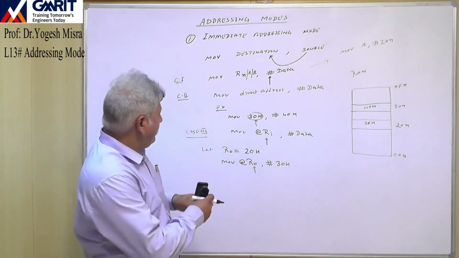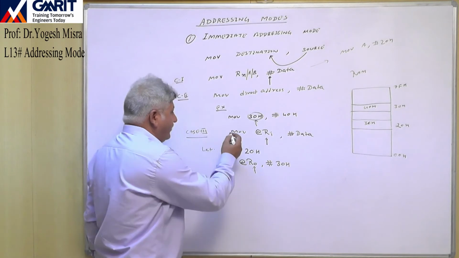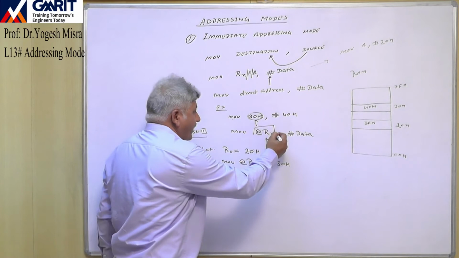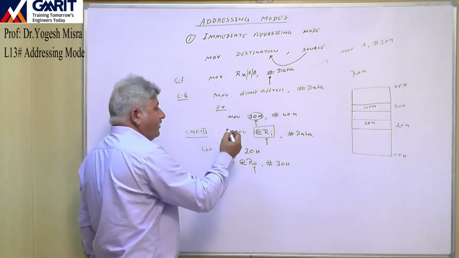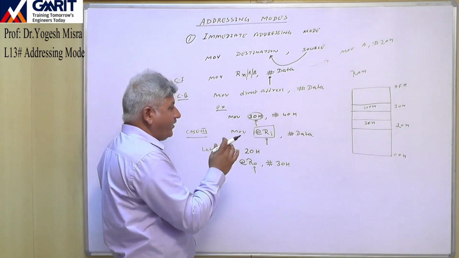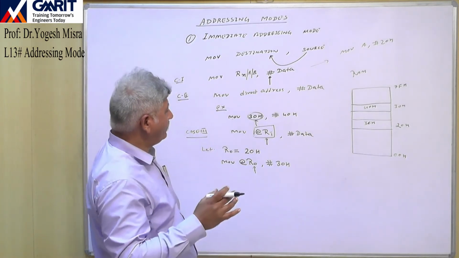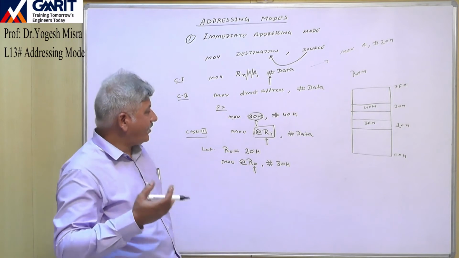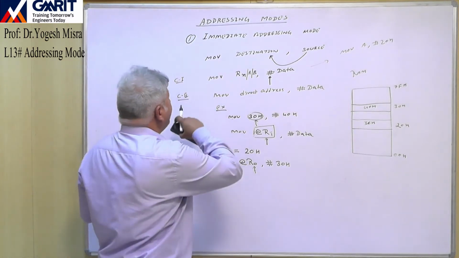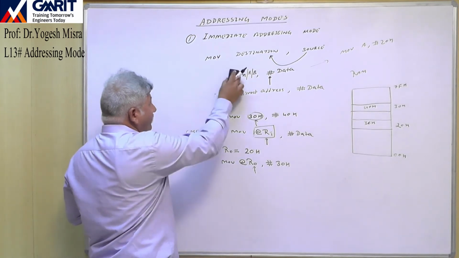So just keep in mind that whenever you are using this @Ri, here you can use only two registers, that is R0 and R1 only. You cannot use R2, R3, R4, R5, R6 or R7. So this is the example of immediate addressing mode.